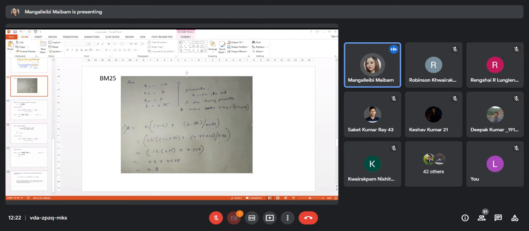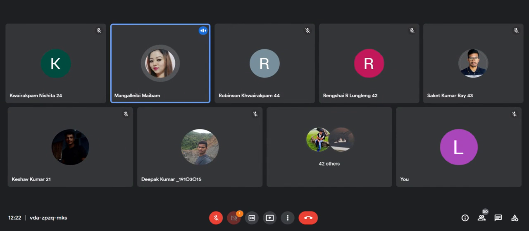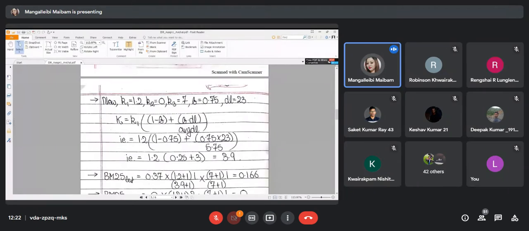In case this question is asked as a subjective type in your exam, you don't get this one, no? I'll show you. I'll stop this presentation and, yeah, here you can see k equal to 1.2, all those values.